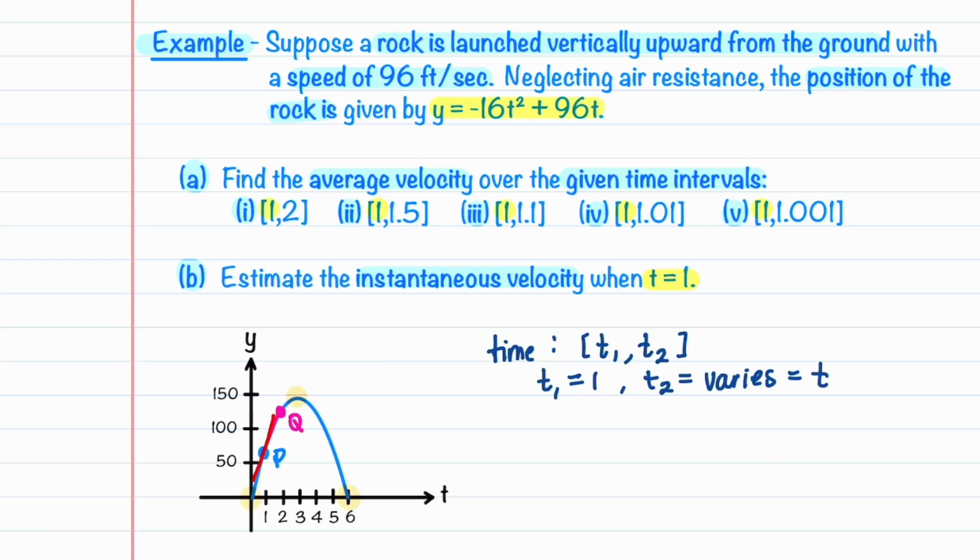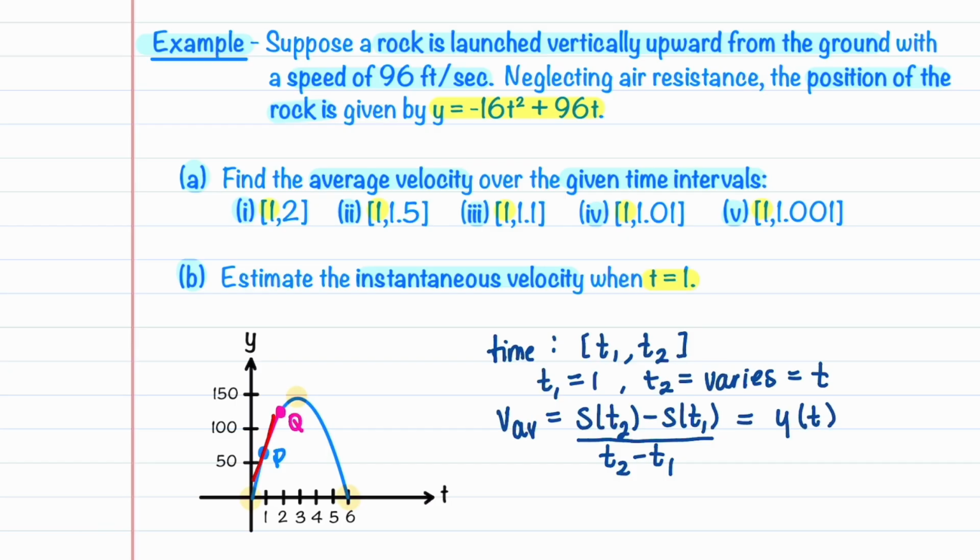We can then write that our average velocity is given by the formula s of t2 minus s of t1, all divided by t2 minus t1. I think it's always good to write down the formula just like you've memorized it. Now we're going to make a change. Our s is our position, and our position in this problem is given by y. So we're going to write this as y of t2, which we just said was t.